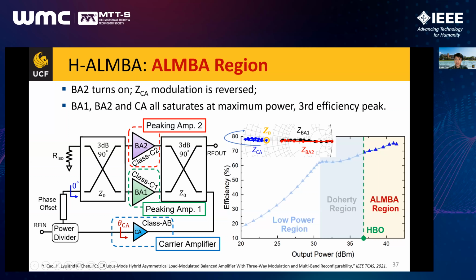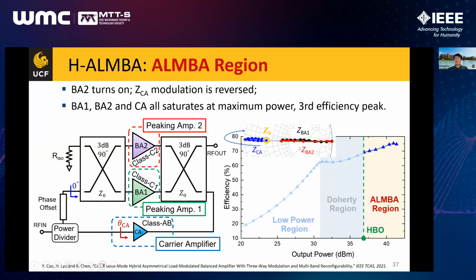to be load modulated towards the lower impedance region, but the carrier amplifier's load modulation is reversed in this region. In this region we can also see that BA1 and BA2, since BA2 is turned on later, are always asymmetrical to each other. So this region is called the A-LMBA region.